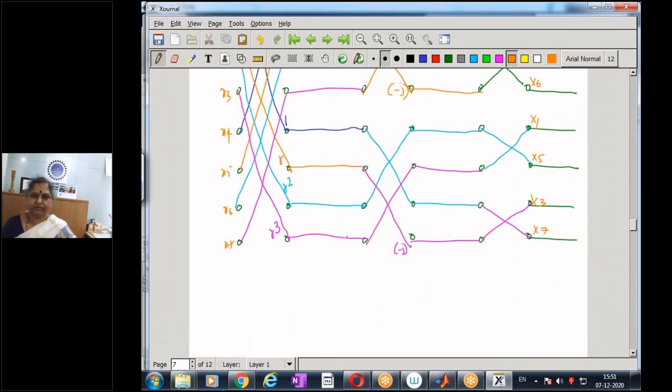And how about the gamma? Here my gamma is e to the power of minus j 2 pi by 8, and that is nothing but 0.707 minus j 0.707. Next, gamma square is e to the power of minus j 2 pi by 4, and that is e power minus j pi by 2, which is minus j.